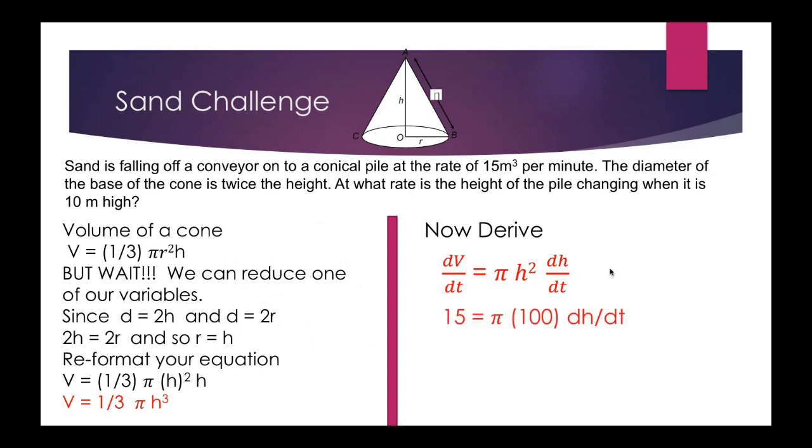So all we would need to do now to get dh/dt by itself is divide both sides by 100 pi. And of course, you can reduce that if you'd like to divide them both by 5. 3/20 pi is also an excellent answer, probably even a better answer. And we leave the pi in there. Otherwise, because pi is an irrational number, pi never terminates or repeats.